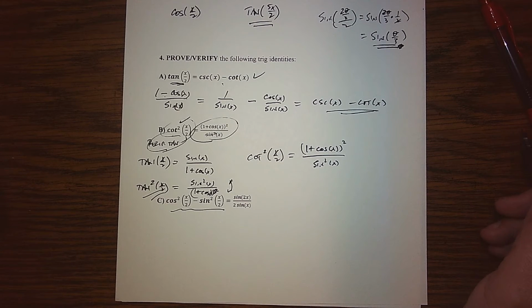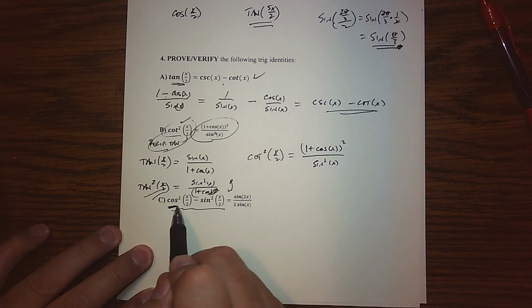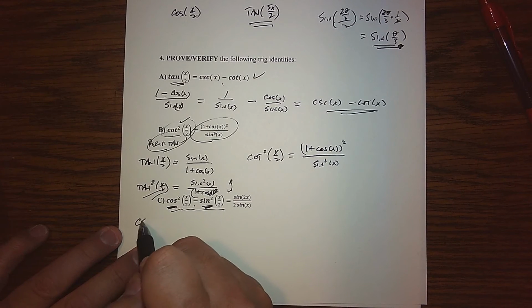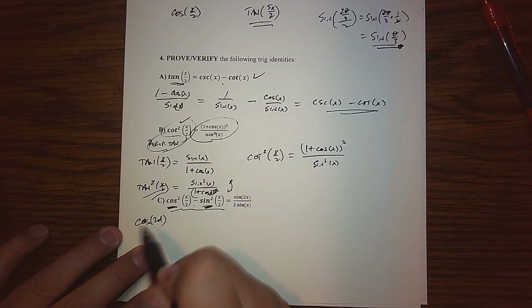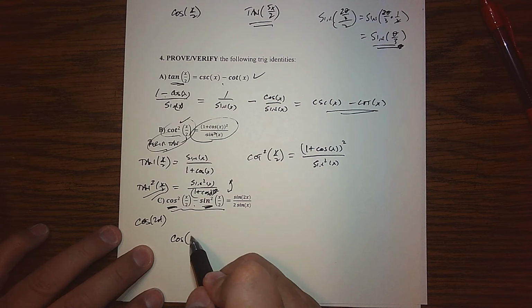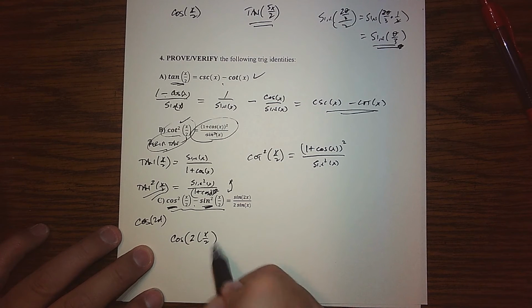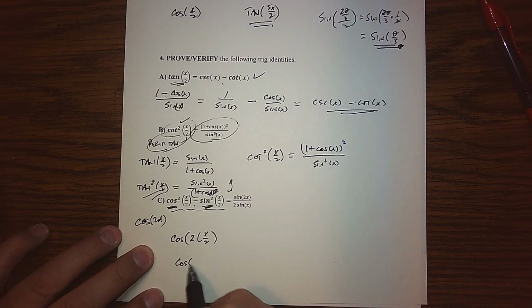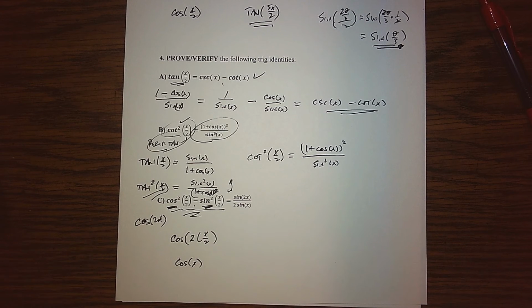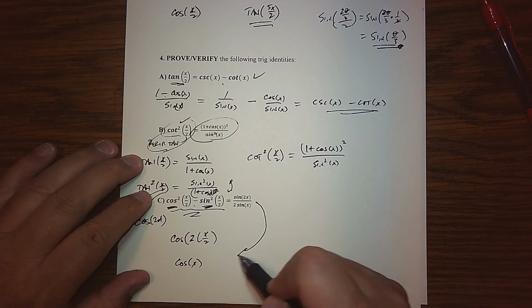And the next one, how about I start over on this side first? When I initially look at this, we know that cosine squared minus sine squared is basically cosine of double my angle. So we're looking at the cosine of 2 times x over 2. So this side becomes cosine of x. So what we're hoping is that the other side turns into that.